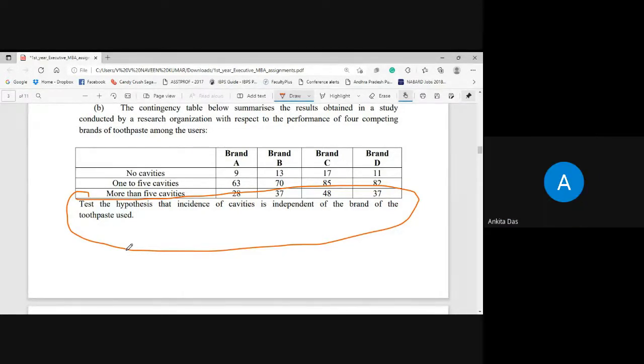So I'm just copying the given question. He's asking to check for independence, so we need to take the same.